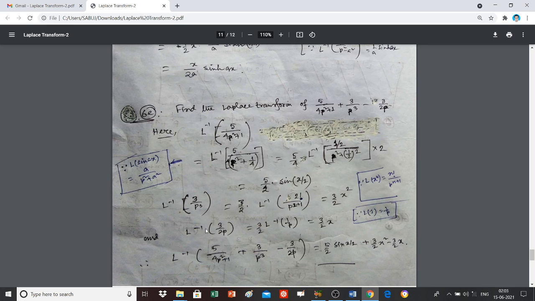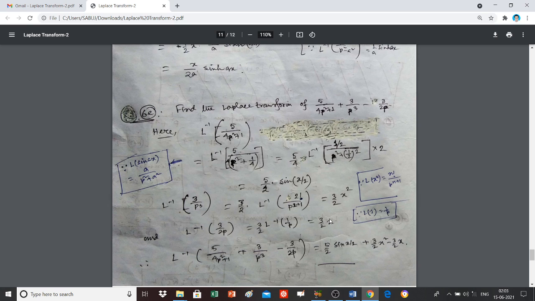Okay, x square. And the last term is here, 3 by 2p, that is L inverse of 3 by 2p, that is 3 by 2 is taken here, L inverse of 1 by p. Because you know that the Laplace transform of 1 is equal to 1 by p, so the Laplace inverse transform of 1 by p will give you only 1, so this will give you 3 by 2.